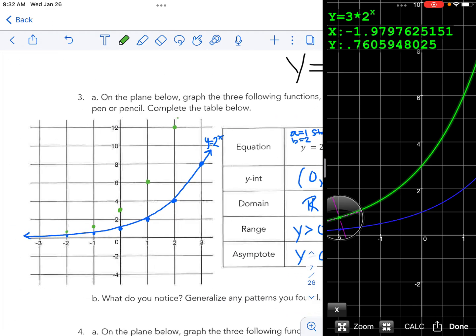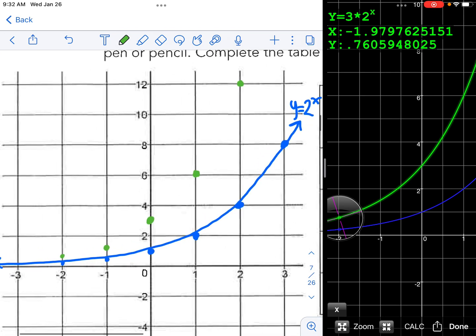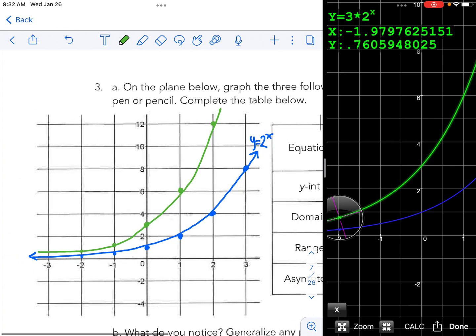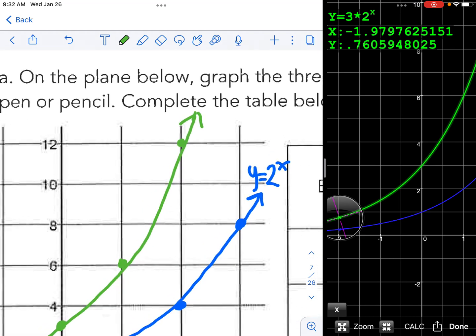And so we have something that grows faster, and it's kind of like the zombies, right? It's like if we started with 1 zombie and they bit somebody each day or each week. Now we're starting with 3 zombies, right? When we start more, it just bumps up all of those values universally across the table, and so across the graph too.